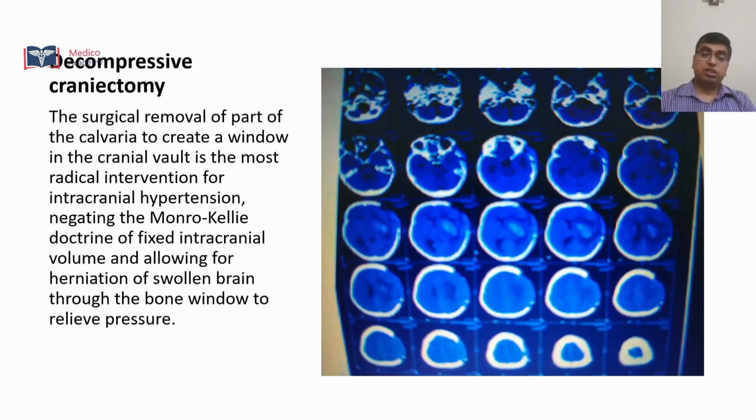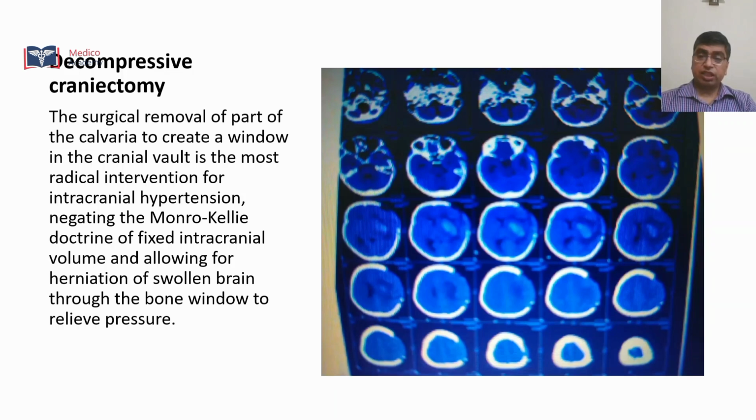In patients where the pressure is too high, like after removing hematomas or surgery, and still the pressure is high, we create a cranial window, a cranial vault, and part of the skull is removed, negating the Monro-Kellie doctrine of fixed intracranial volume and allowing the swollen brain to herniate through the bone window and relieve pressure.